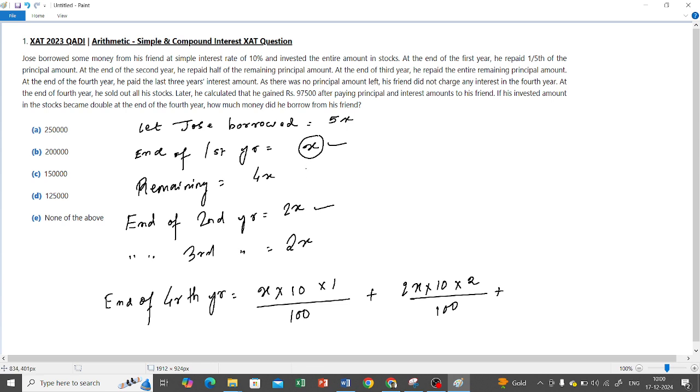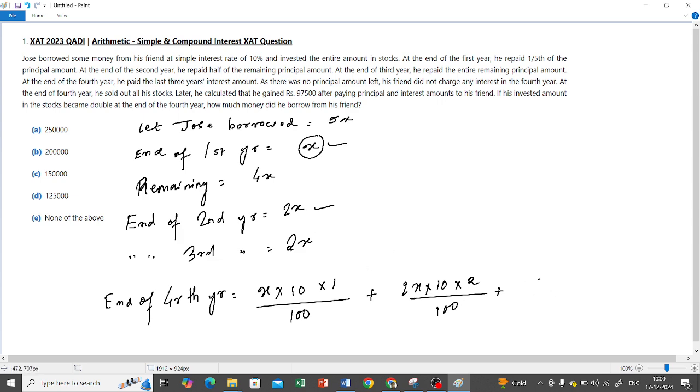Right? So he borrowed in the beginning of the first year 5x. In 1 year, what is the interest imposed on this x? PRT by 100, t is time 1. What is the interest imposed on this 2x? Because this 2x is paid in the second year, for 2 years, PRT by 100.